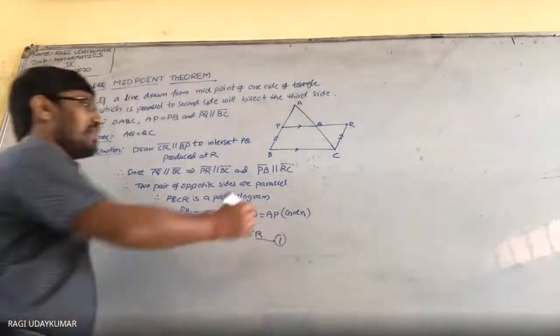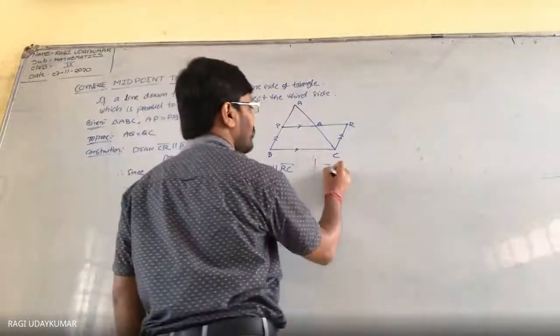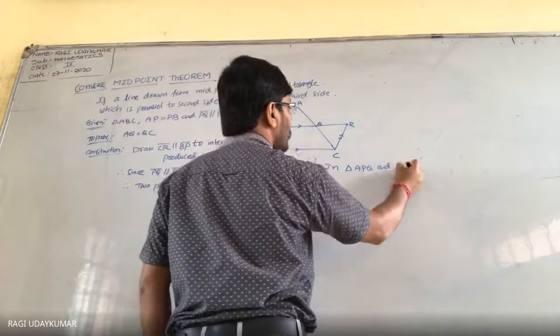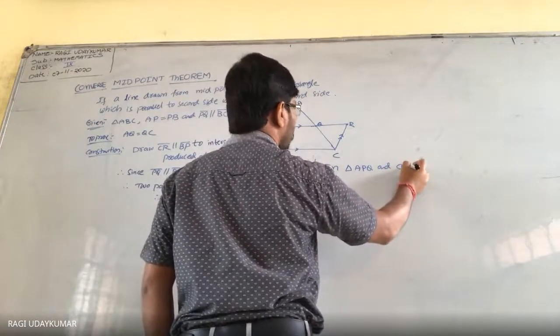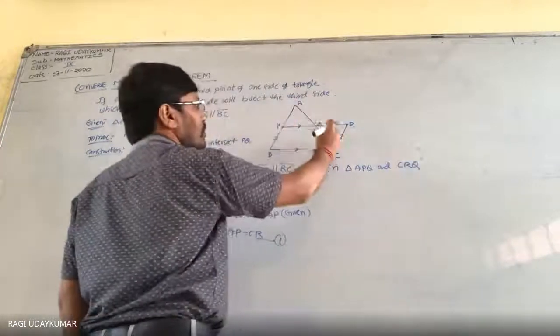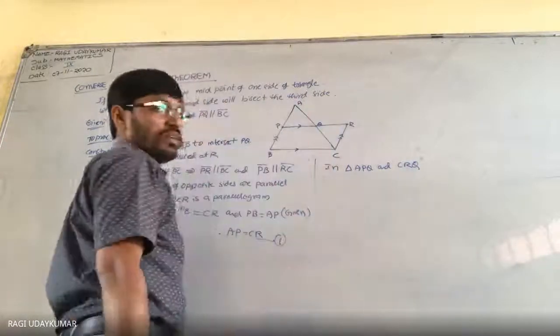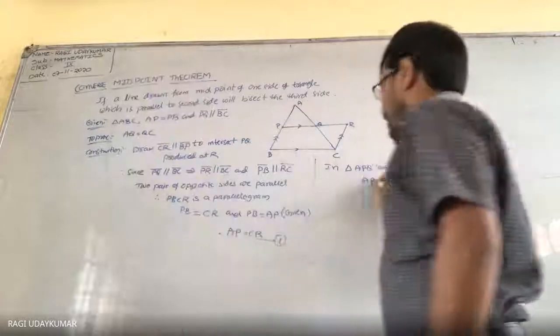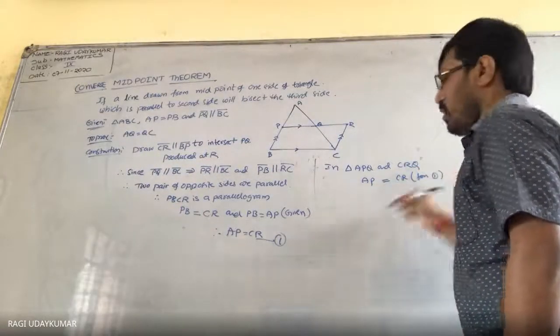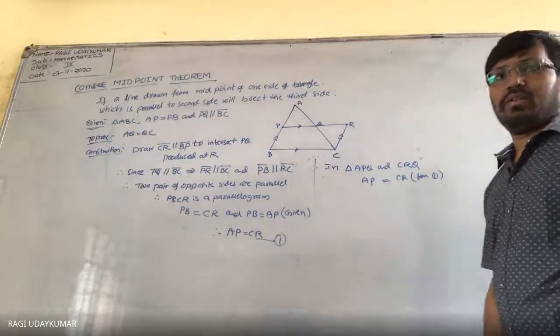Now, in these two triangles, consider triangle APQ and CRQ. In this, AP is equals to CR. From 1, we have proved it. Okay?